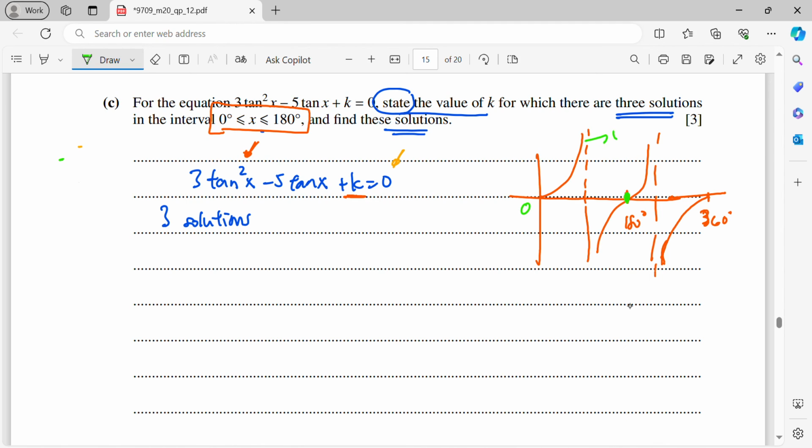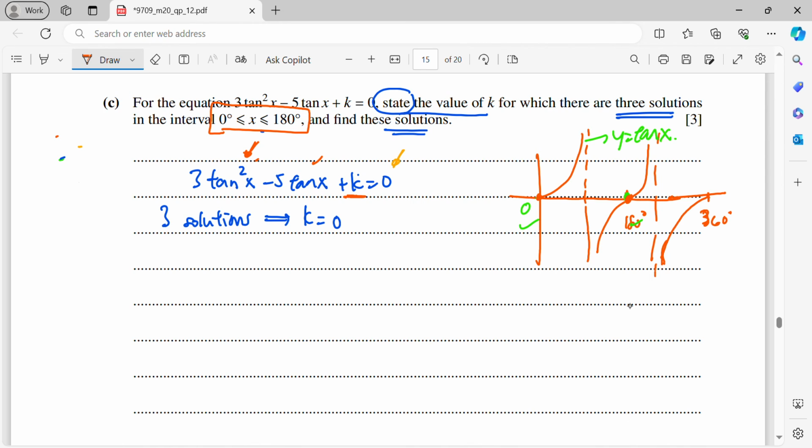This is a tangent graph. So I will expect when my tan x itself is 0, then I will get 2 values. That means here I will expect my k equals 0. Because when this is 0, I will have just tan and tan squared. Then you can factorize the tan. So one of the tan x is 0, then you will get 0 degrees and 180 degrees.